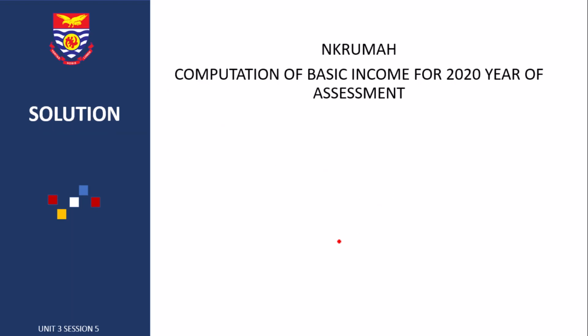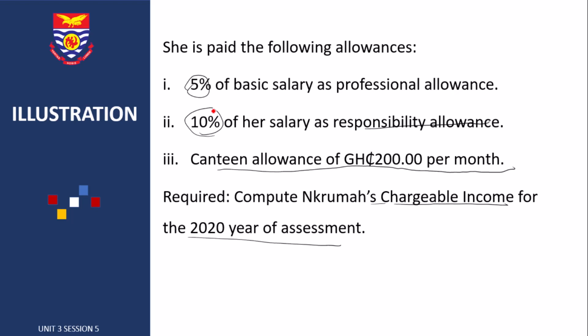Okay, so we first have to compute Nkrumah's basic salary. We were not given it, and we're told that she was employed on 1st March 2016, and we are looking for the chargeable income for the 2022 year of assessment.